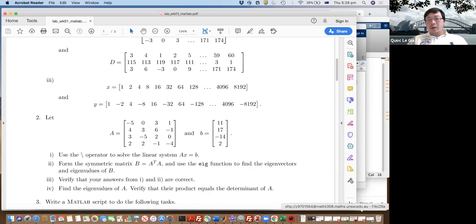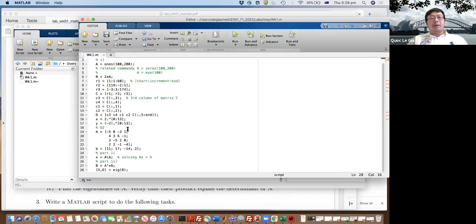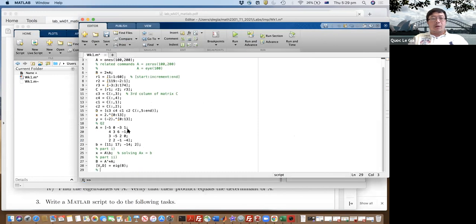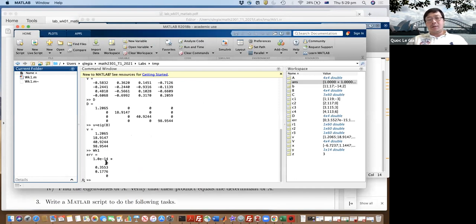My errors will be Ax minus B, and I expect that errors will be close to a 0 vector. So I run it, and you can see that errors is not exactly 0, but it's very close to 0. Okay, so 1e minus 14 is 10 to the minus 14.